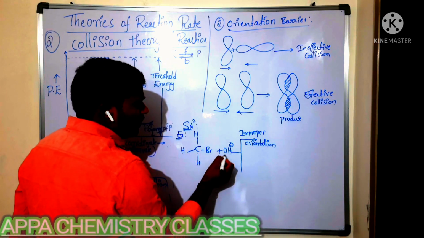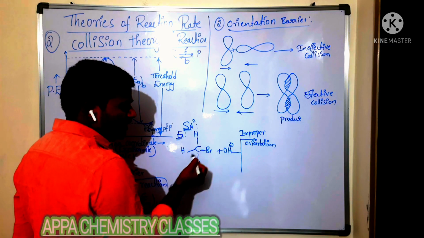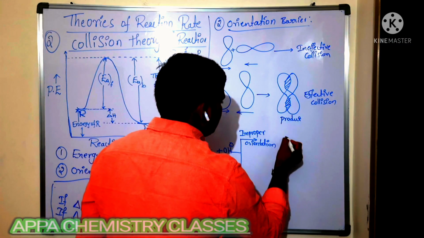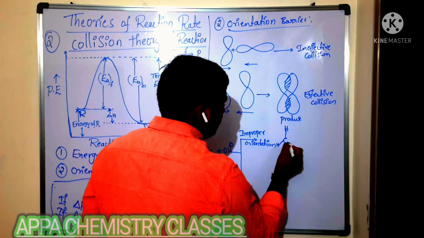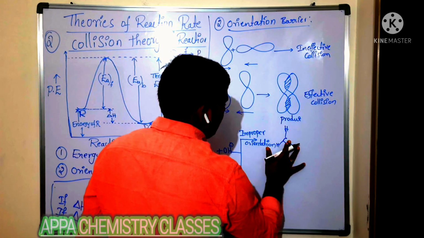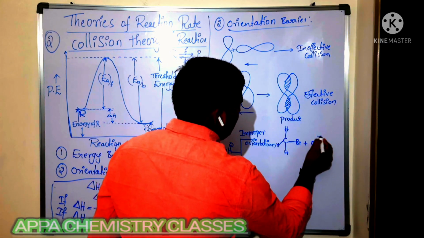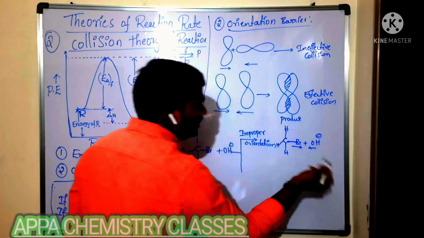Now this is the leaving nucleophile. If the incoming nucleophile is attacking in the same direction as this leaving nucleophile, it is called improper orientation. OH minus is coming in this direction, and the leaving nucleophile is going in this direction.